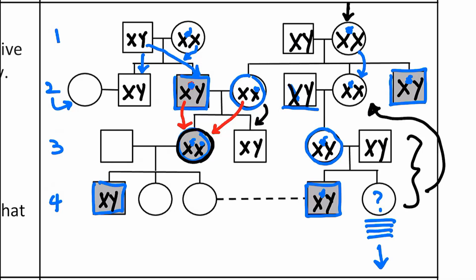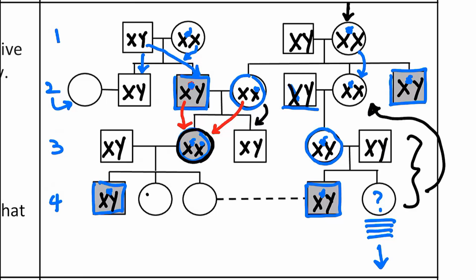And this is an afflicted male, so it's going to have a little mutated X there. And it got its Y from its dad. The Y doesn't carry it. This X from the dad can't be mutated, because it's not shaded in.